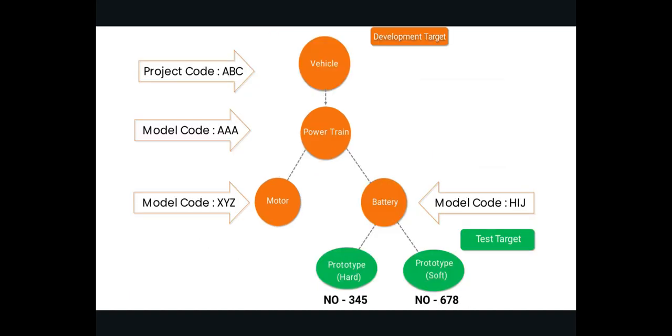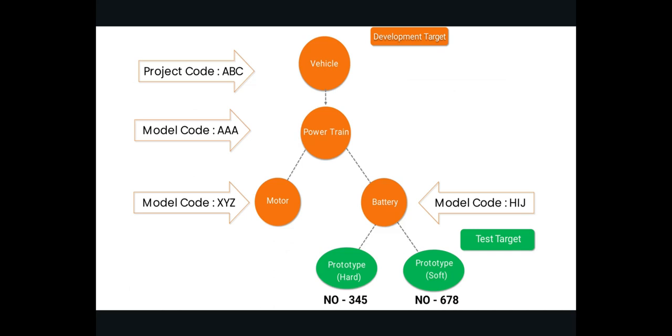It can also represent system relationships. We develop powertrain for EV. Project code is ABC. And powertrain model code is AAA. The model code of the motor, which is a subsystem, is XYZ.